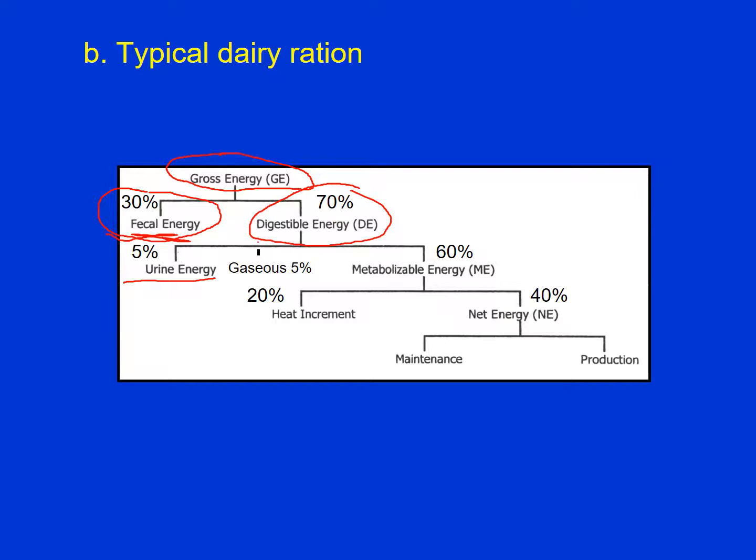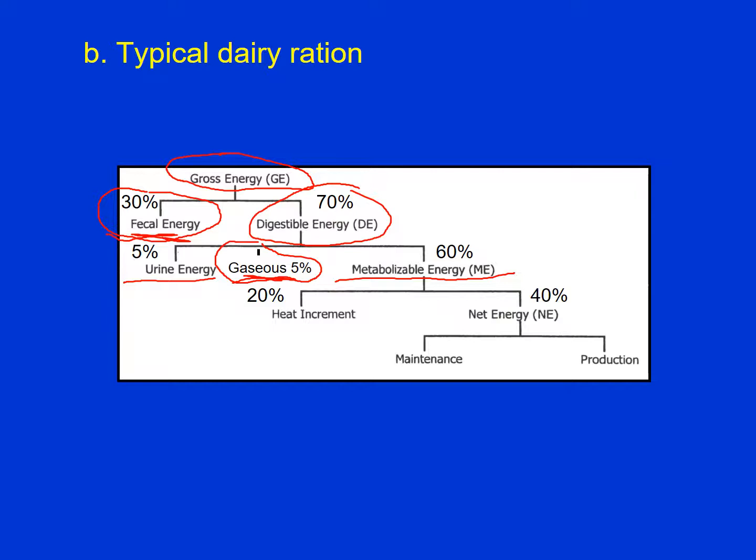In the process, we're also going to have gaseous energy. Those microbes digest the fibrous material, and they produce the volatile fatty acids that the cow can utilize. They also produce methane, which the cow burps out, and that's the gaseous energy that's lost. So what we have left is metabolizable energy, which gets into the cells so the cells can utilize it.